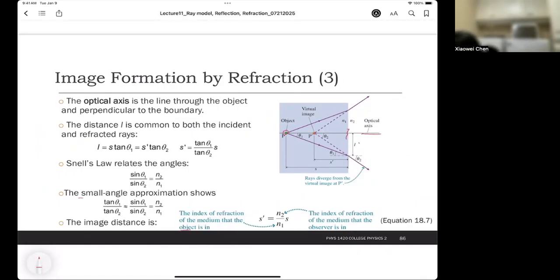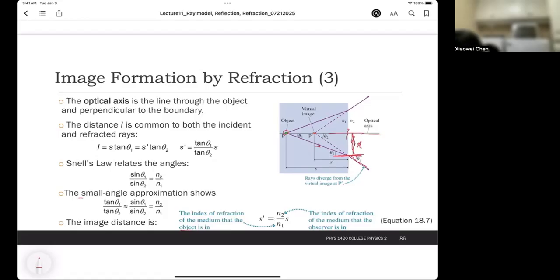The distance L is common to both the incident and the refracted rays. This is the incident ray, and this is the refracted ray. So this is the distance between the optical axis and the normal.